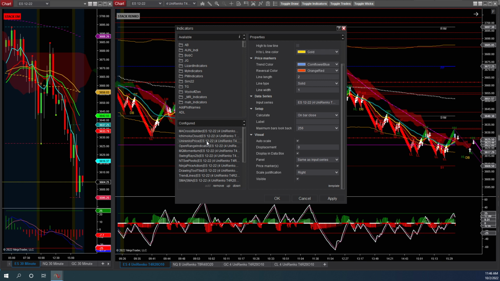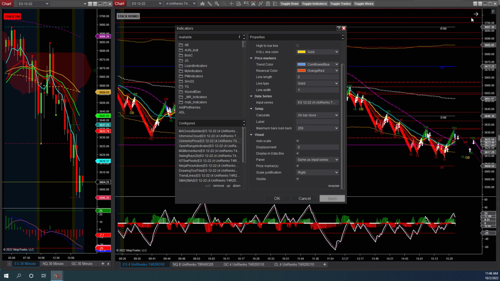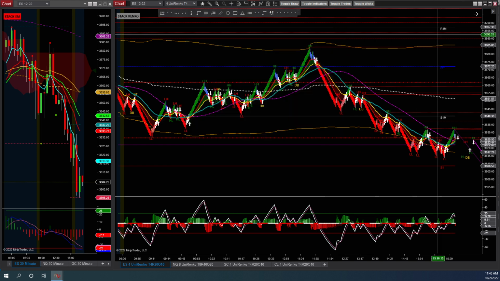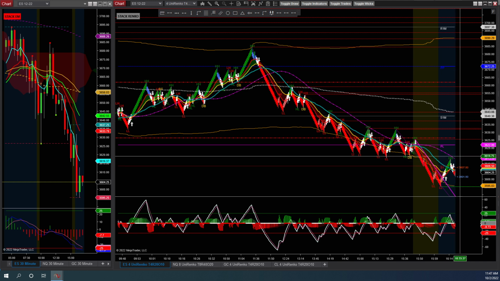Then the Unirenko is this value right here that gives me the Unirenko price basically. So that price right there, the one you see here.